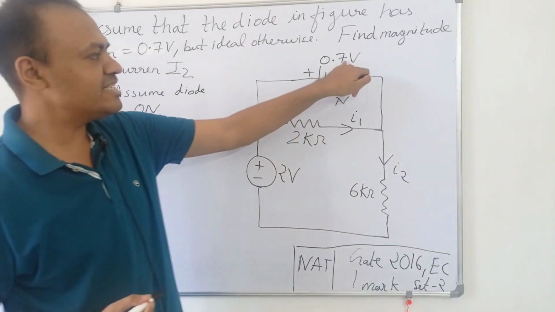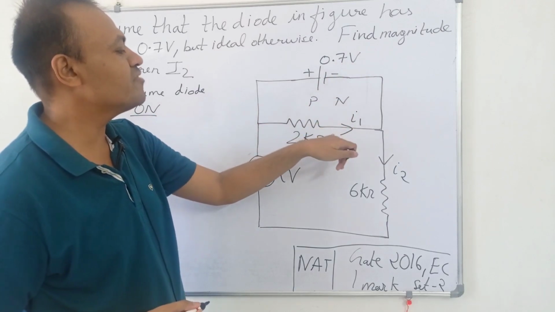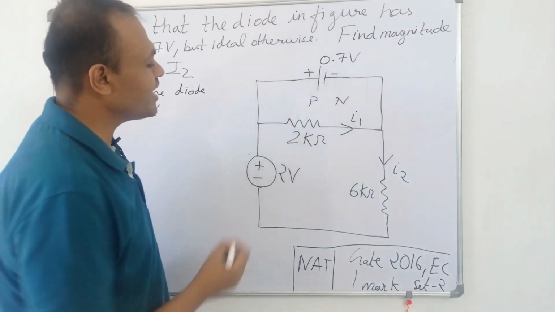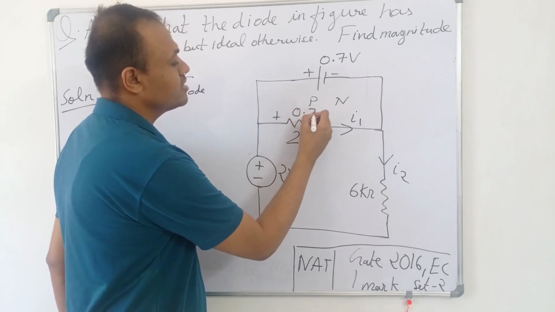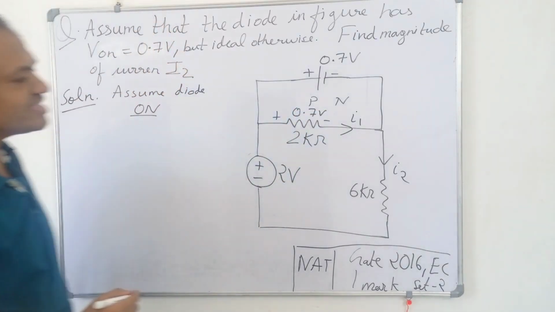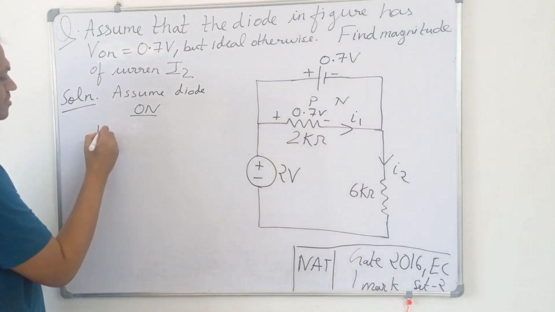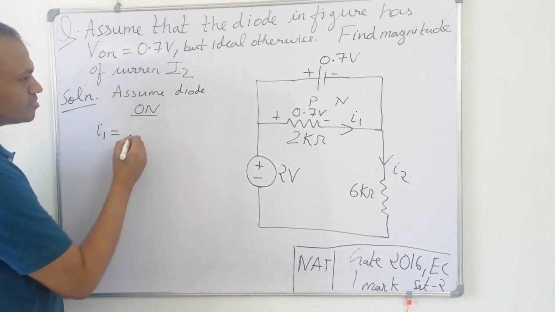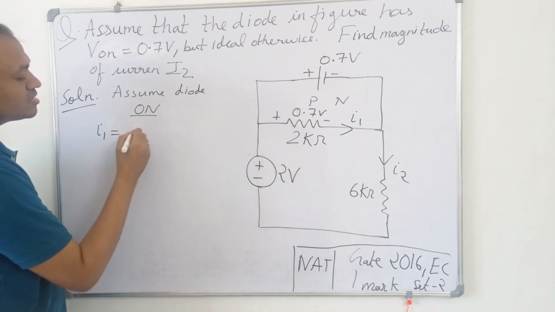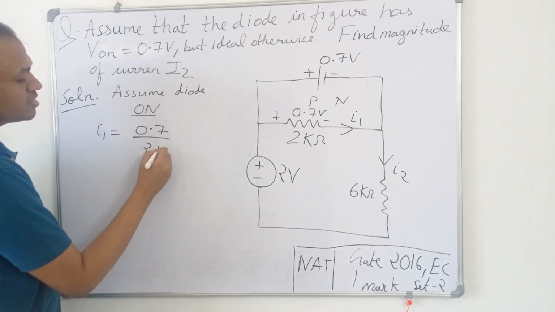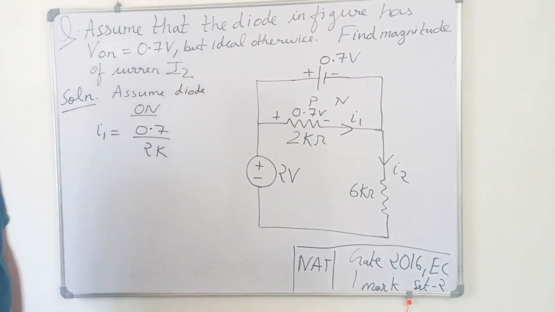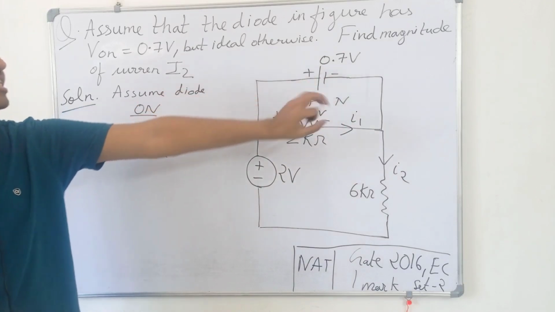Now this 0.7 volt is a voltage source, so obviously it will be across this 2 kilo ohm resistance. So I1 equal to 0.7 upon 2k, because in parallel voltages are same.